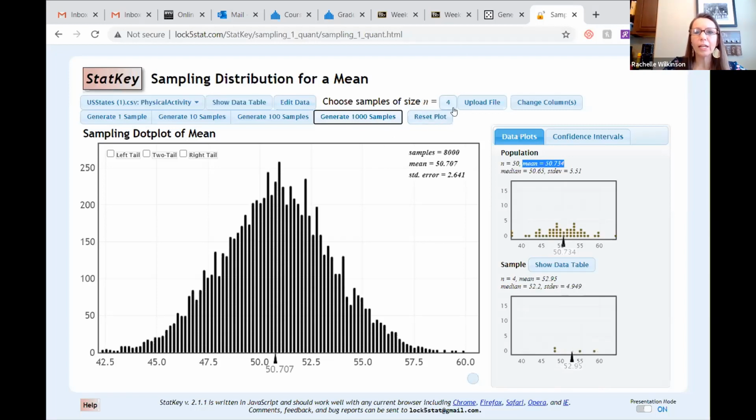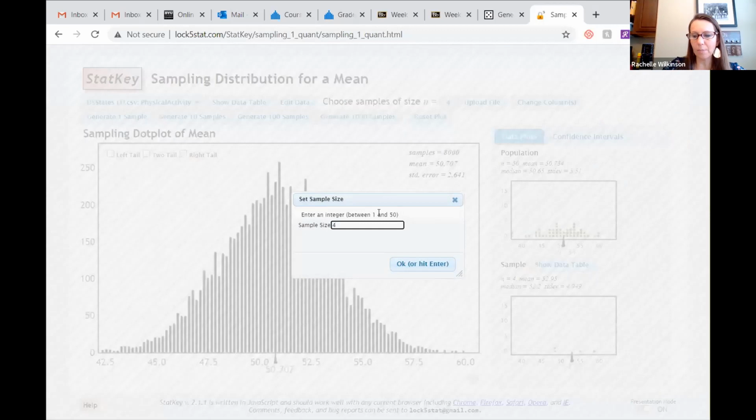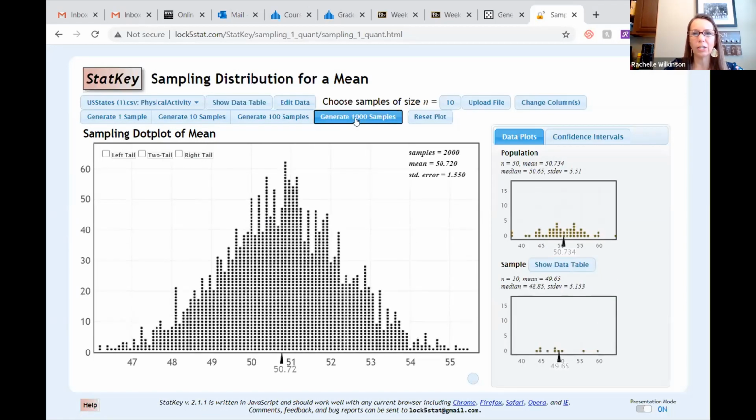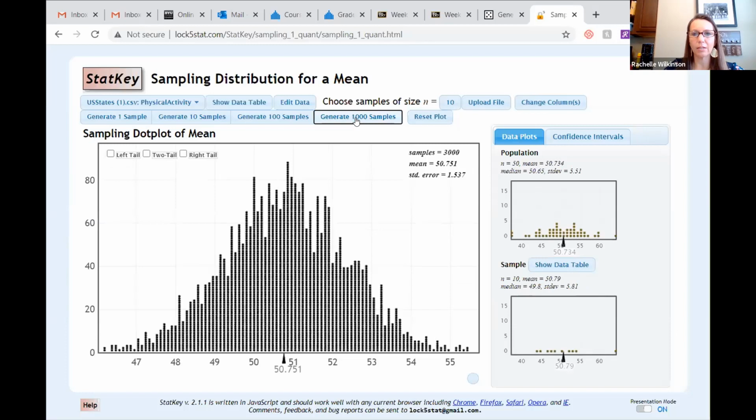All right, so we saw here a sample of size 4. I had a mean that was very similar to the population mean, and my standard error in this case was 2.641. So remember that number, or even write it down if you want to. That was when my sample size was 4. Let's see what would happen if my sample size was 10. So I'm going to change my sample size to 10, and I'll just go for 3,000 samples.